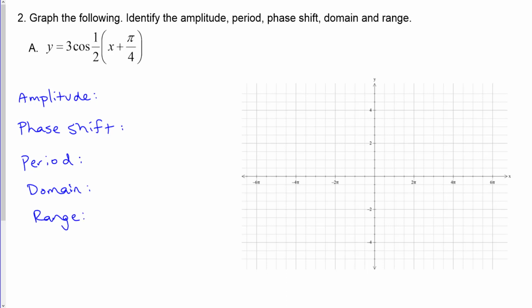Alright, so the amplitude comes from this number multiplying, the 3. So that is our amplitude. Just use it as is. The phase shift comes from this number. And that tells me that I'm moving pi over 4 units, but it moves in the opposite direction of the sign, so this is going to be to the left.